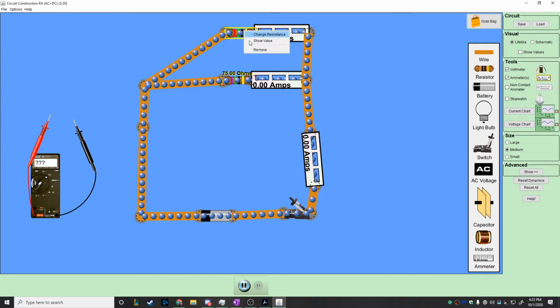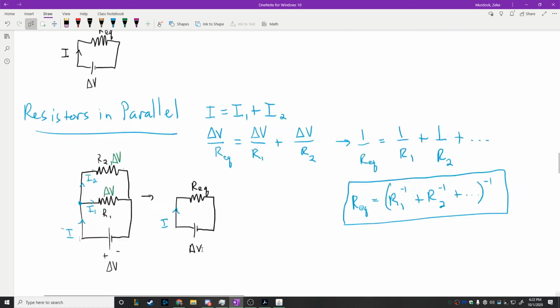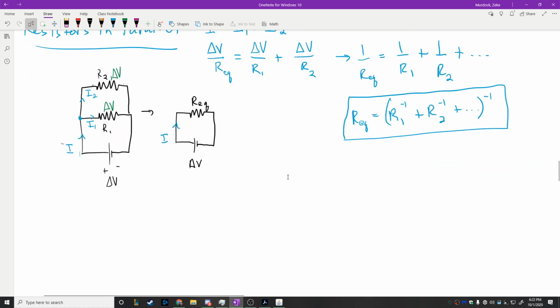If we show the values here and here, can you guys tell me what the equivalent resistance of these two would be? Let's see if we can use this to predict what the currents are going to be. 75 ohms and 25 ohms. There's our equation, right? See if you can do the calculation yourself.